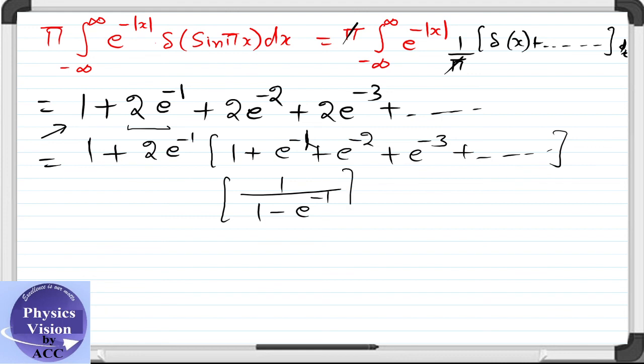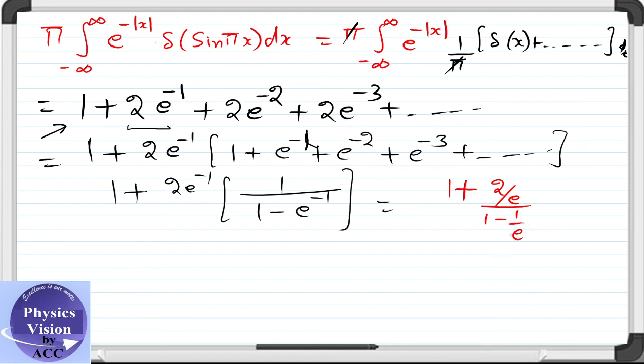This is the formula. Now we multiply it with this, and on solving, this becomes 1 plus 2 by e divided by 1 minus 1 by e.